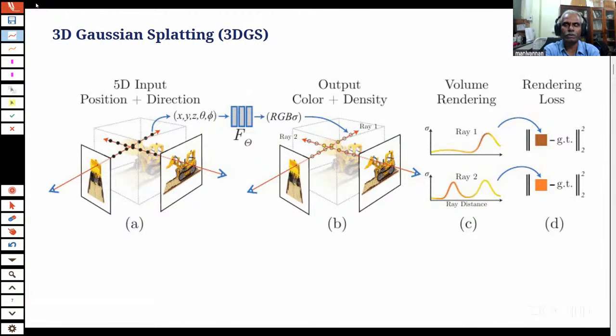The output of this neural system is the RGB color plus density, right? So each point is assigned a color and density depending upon the direction in which we are looking at it. This is what 3D Gaussian splatting is. It is also called 3D GS. We will be referring to these terminologies very often, so I would like you to be familiar with them.